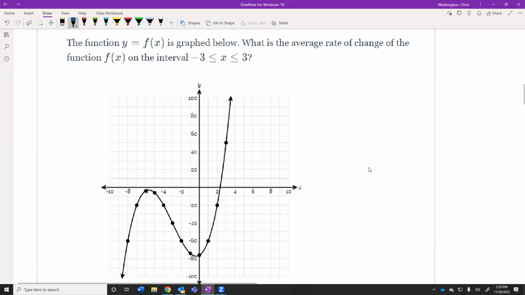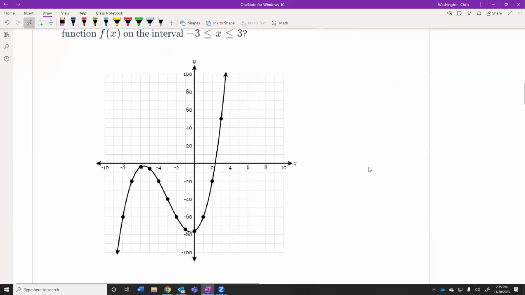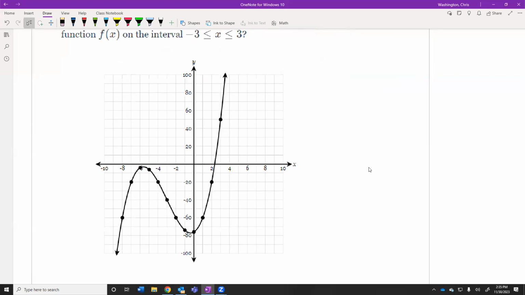All right, another graph, same idea. Just to get this idea that we are going from -3 to +3, and this idea of average rate of change is really just the slope of the line that connects those 2 points. So what is the slope of the line that connects those 2 points?